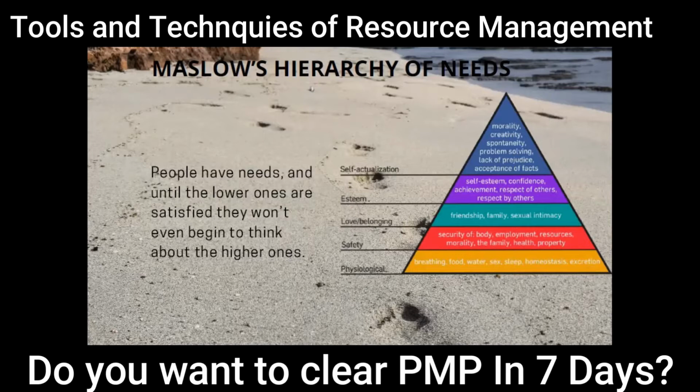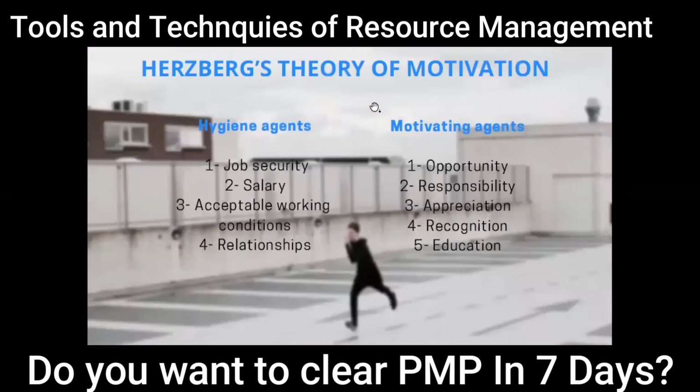Once you are having air in your lungs, then you think about the water, then the food, then the safety, then you think about the love, self-esteem, self-actualization. So you move along this way. Self-actualization is the biggest need. Maslow hierarchy of need.